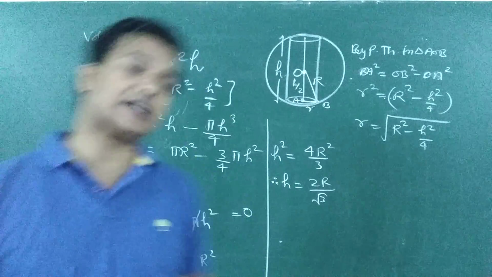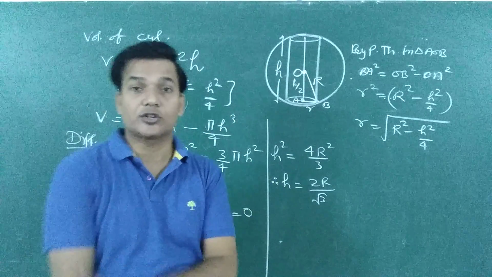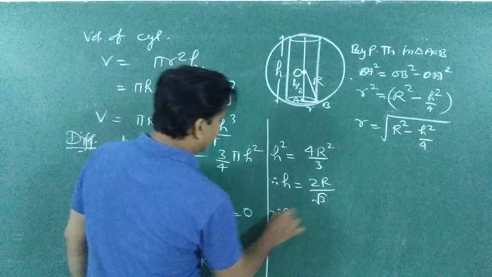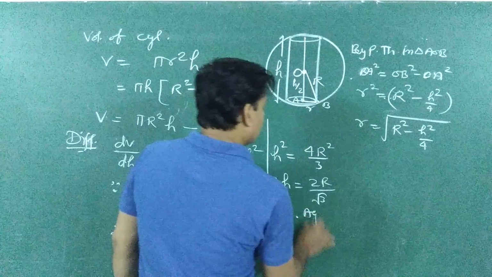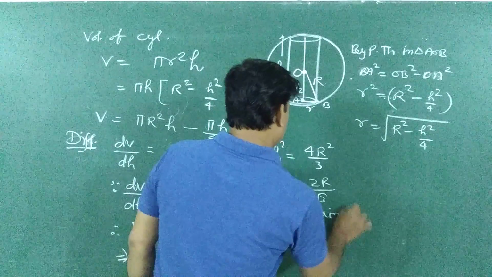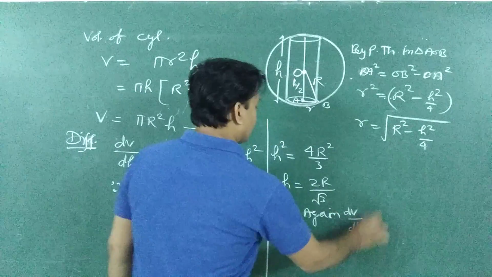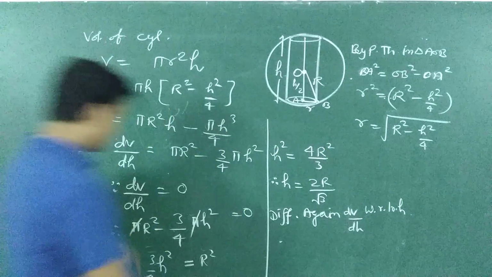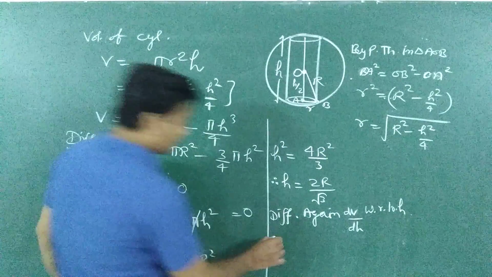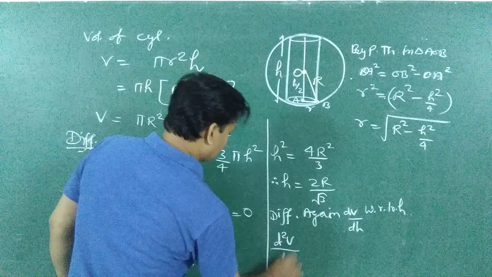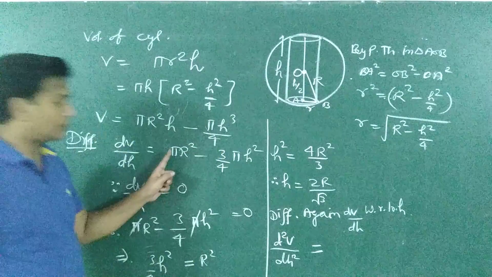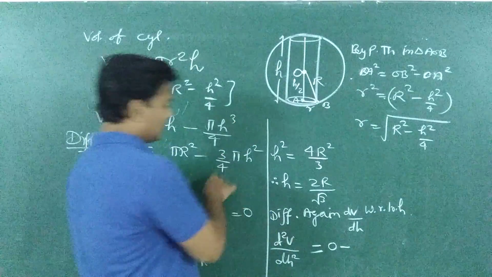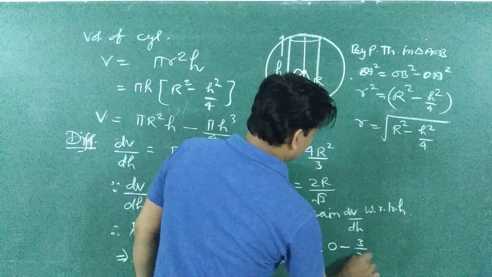Now we want to show that the volume of the cylinder is maximum. Therefore, differentiating once again dV by dh with respect to h, d2V by dh2 is equal to 0 minus 3 by 2 pi h.